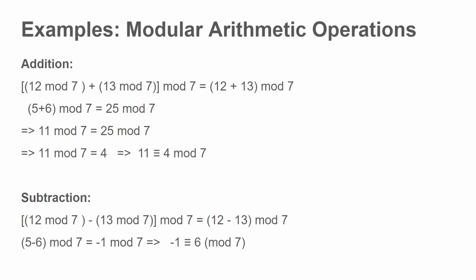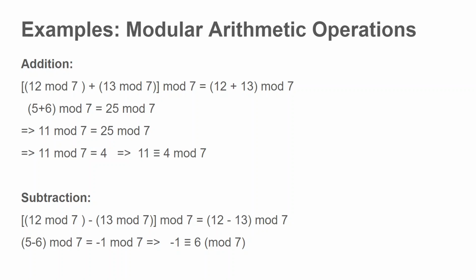For addition, (12 mod 7 plus 13 mod 7) mod 7 is equal to (12 plus 13) mod 7. It means that (5 plus 6) mod 7 is equal to 25 mod 7. Then for subtraction, (12 mod 7 minus 13 mod 7) mod 7 is equal to (12 minus 13) mod 7.